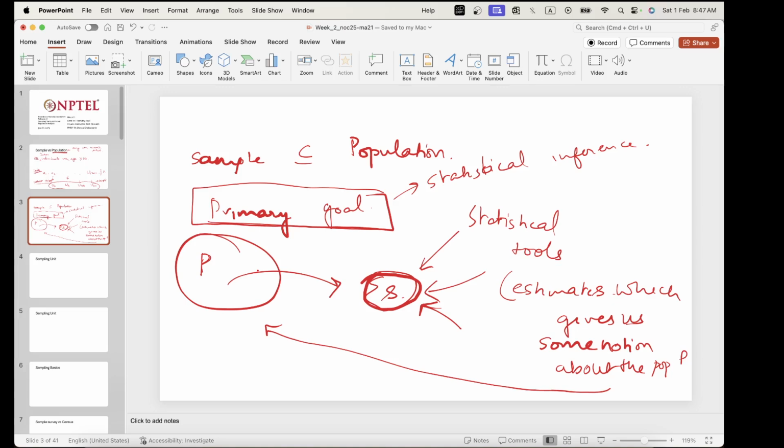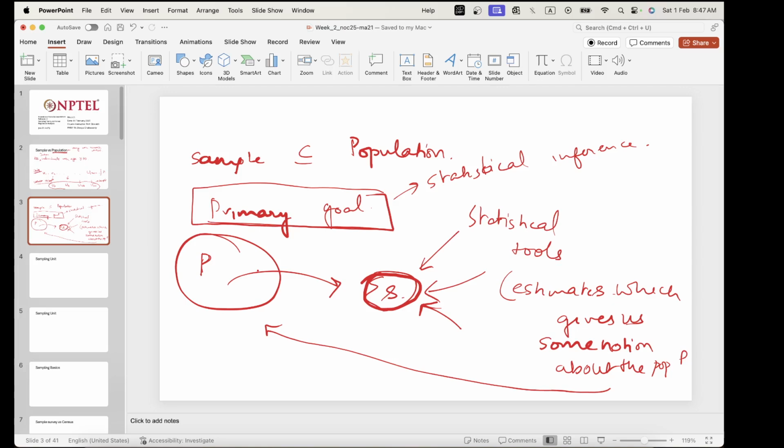Okay, so in order to do something like that, we have to ensure that the number of people where this drug is tested is a good representation of the people inhabiting the entire world. Okay, so this is the primary concept.